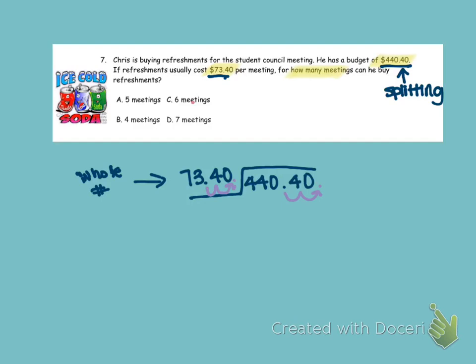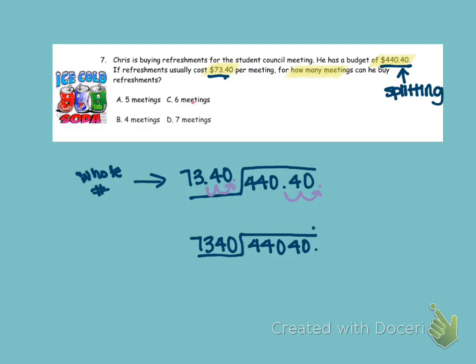Okay, so you should have moved your divisor decimal over 2 times, making it, instead of 73.40, 7,340. And we move the decimal over the same amount of times inside the dividend. So instead of 440.40, we have 44,040.